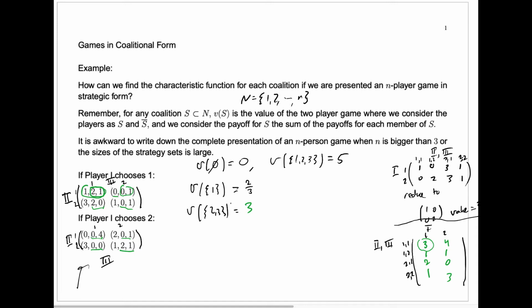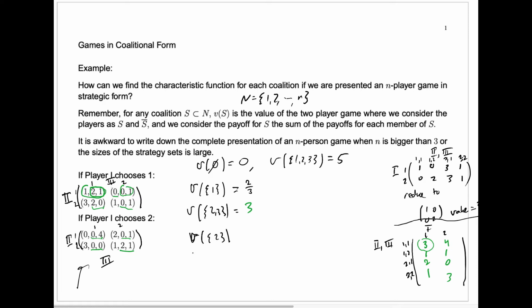Now I haven't listed all the rest of it. To finish out the description of the characteristic function, we would also want to compute the value for the rest of the coalitions. And you can do that all in the same way that we just did, so I'm not going to do that all here.